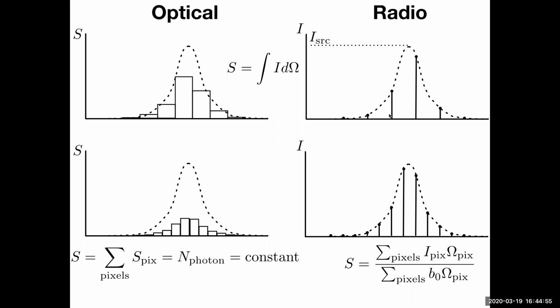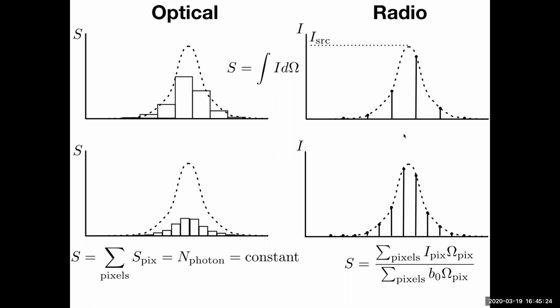And the imaging software is not integrating over your pixel. It is calculating the value at the center of the pixel. So you have some continuous function for intensity, and the imager is plucking the value at the very center of the pixel. So it's a very different process.